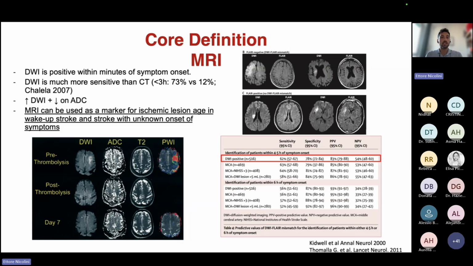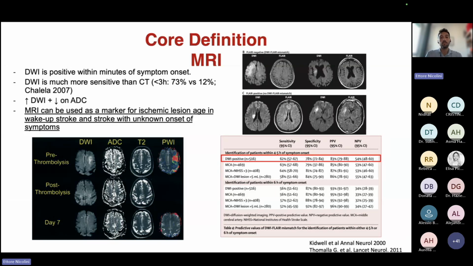In particular, from studies comparing MRI with PET studies, it was evident that diffusion weighted imaging, DWI, could detect ischemic lesion within some minutes from symptom onset, in particular with hyperintensity in DWI and a reduced apparent diffusion coefficient with a good sensitivity.